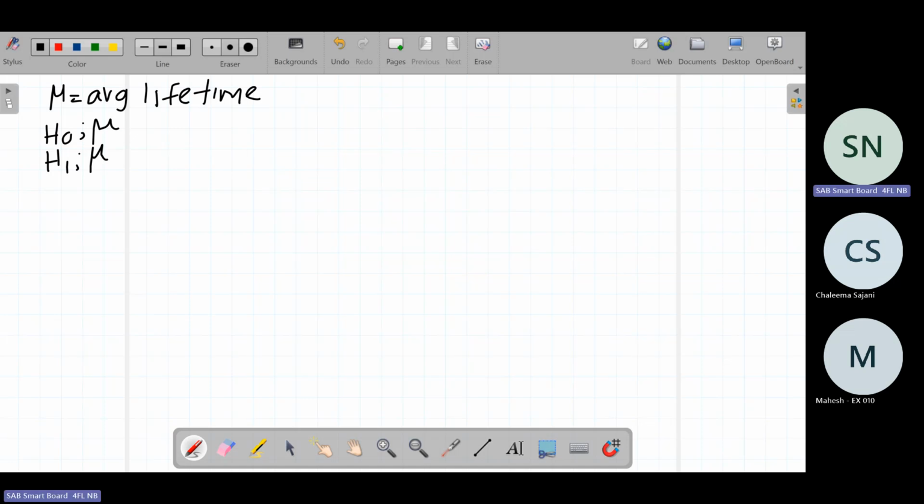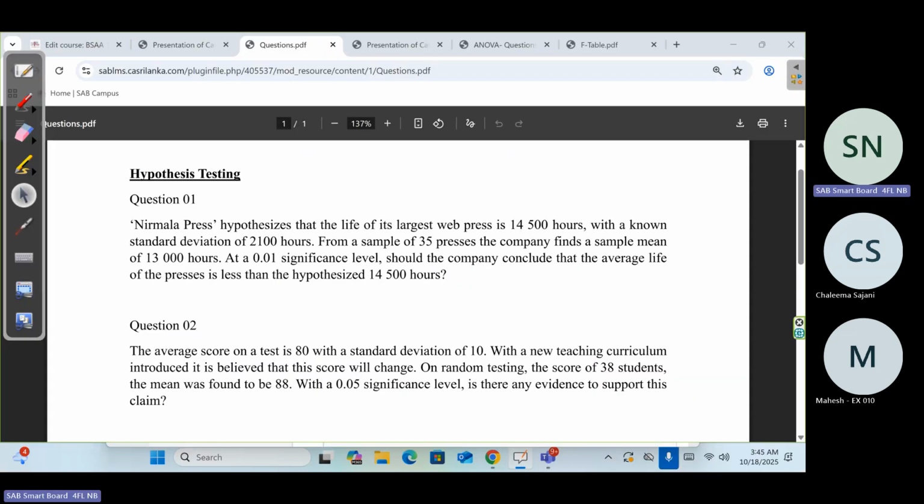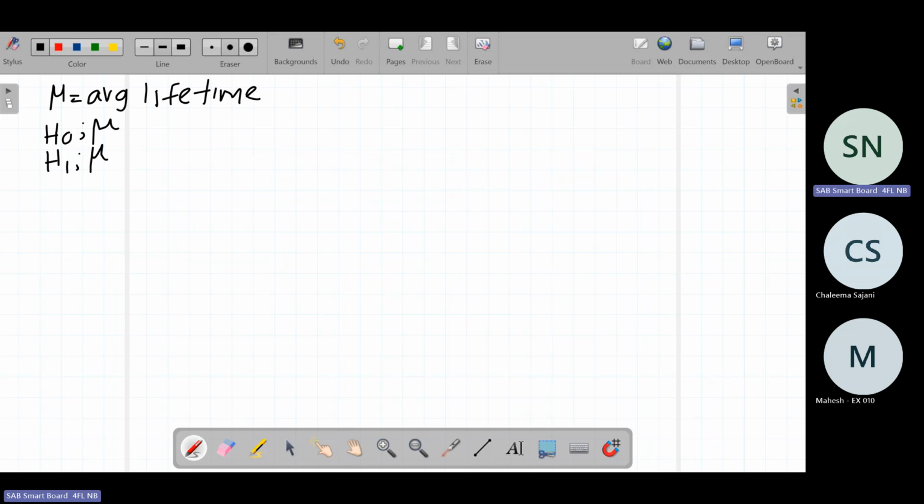Okay, then what's the claim here? The claim is mentioned in the last sentence: less than 14,500.